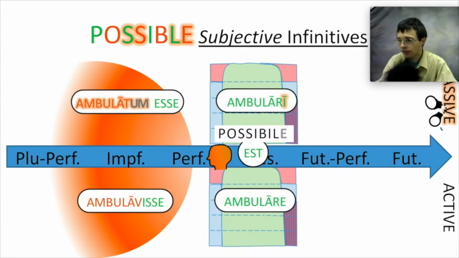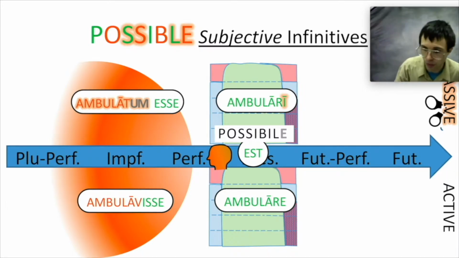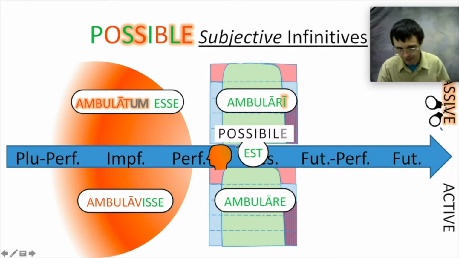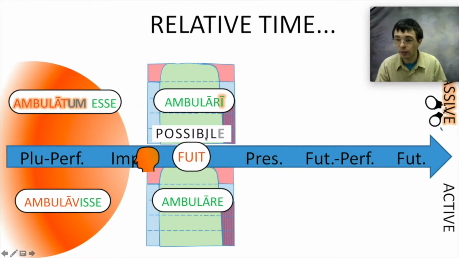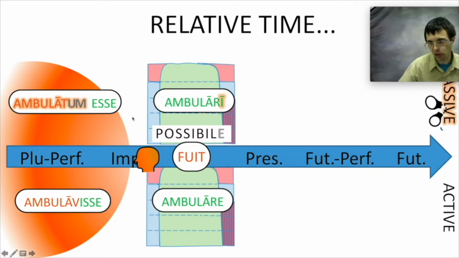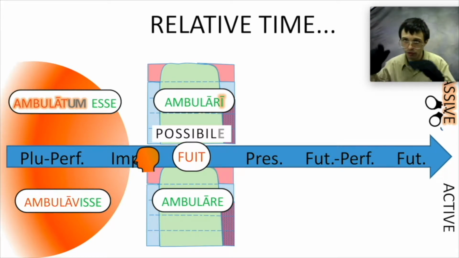All right, so there's the cloud of the four surrounding secondary verbs surrounding the main verb est. So wherever I move this, notice the cloud moves with them. So now it was possible for me to have been walked, like to have been walked even further in the past, back into the pluperfect area back here, which signifies time before the perfect, even more perfect than perfect.